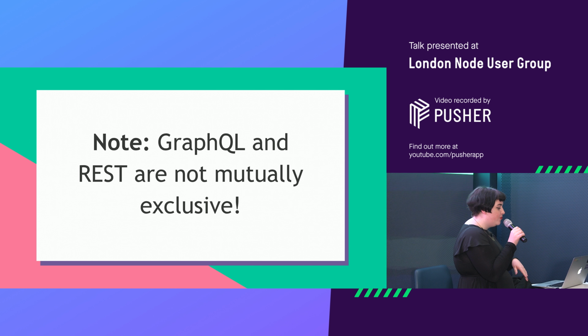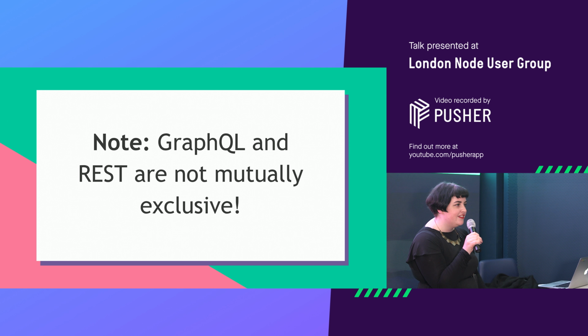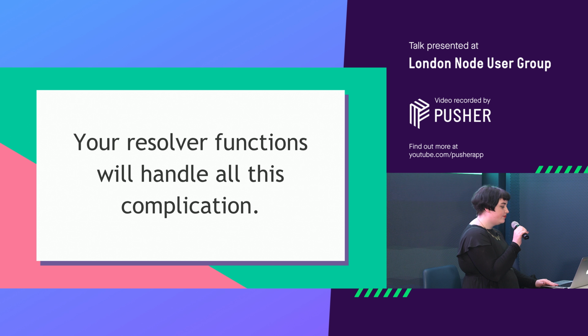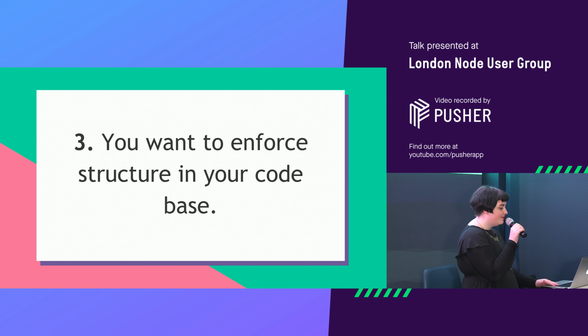You can put GraphQL as a layer over REST APIs, other GraphQL APIs, a JSON file, a database, random things in your file system, and your main application won't care what's happening behind the scenes. Your resolver functions will handle all of the complication.